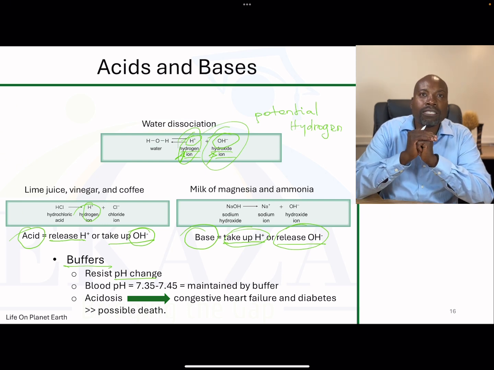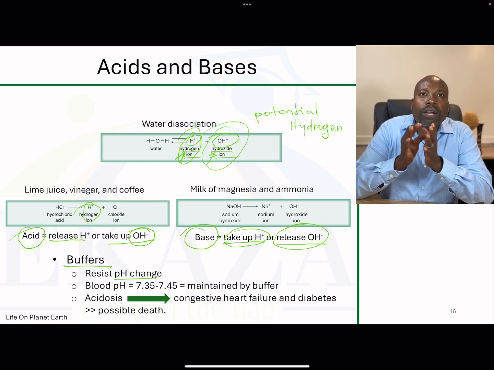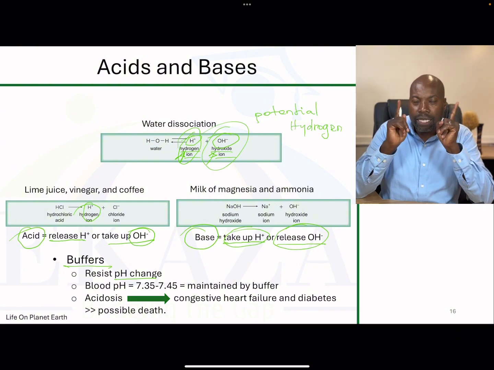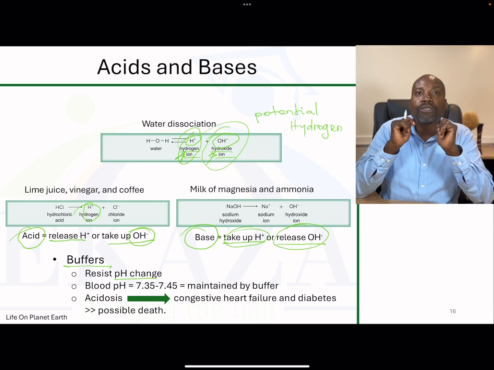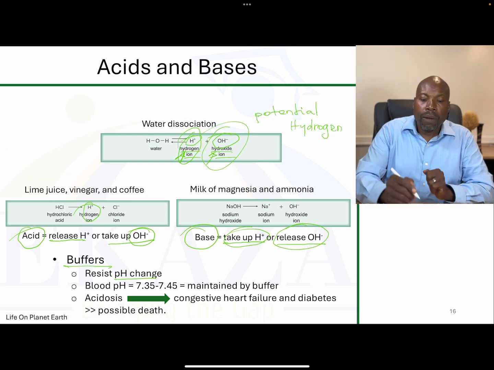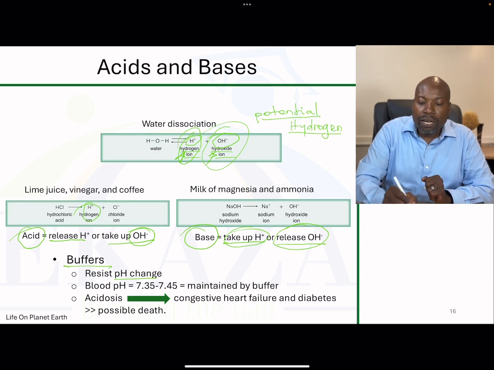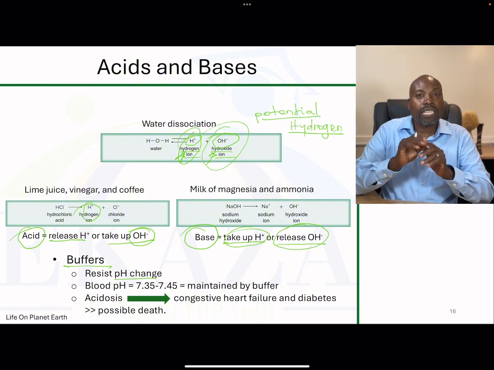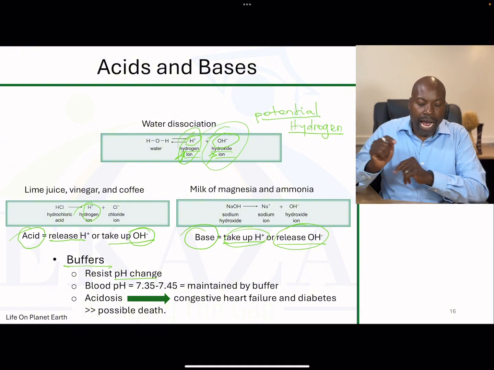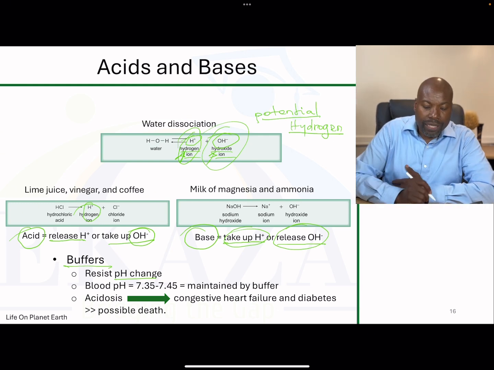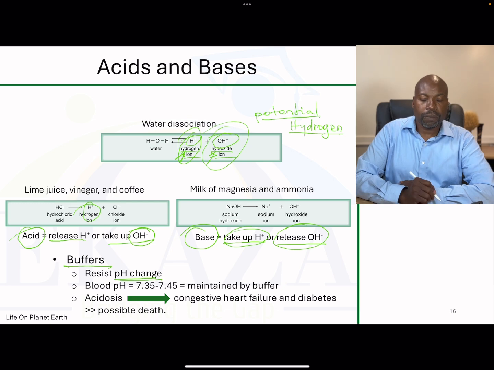So we are going to ask the following question. In a water-based environment, what is potentially the concentration of hydrogen ions? That's why we are going to say potential hydrogen, or pH, right? With that being said, buffers are going to resist pH change.